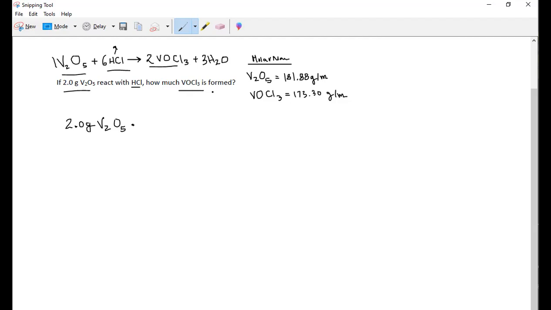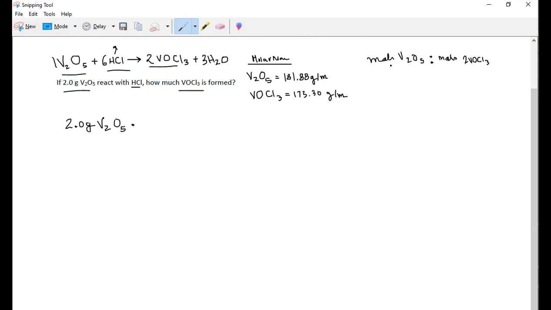So what we should do is make a ratio between moles of V2O5 and moles of VOCl3. And that's our main goal.